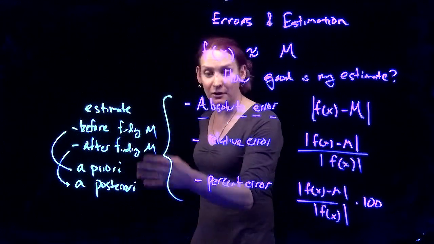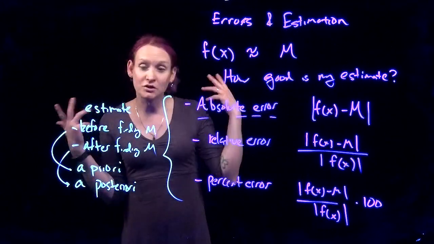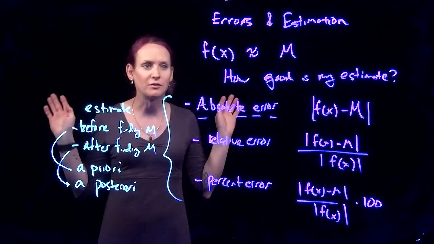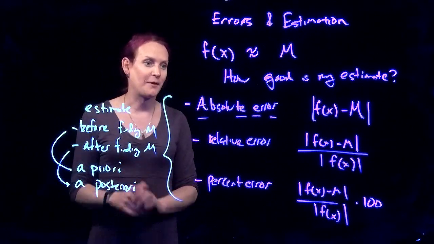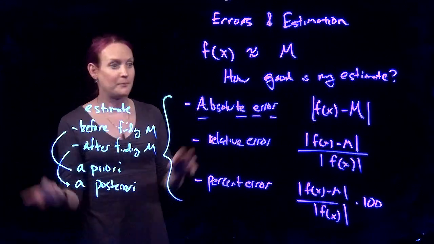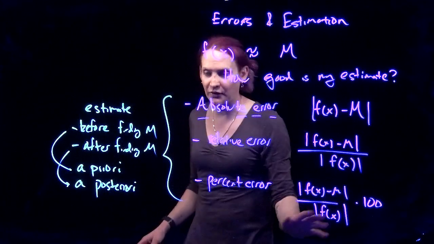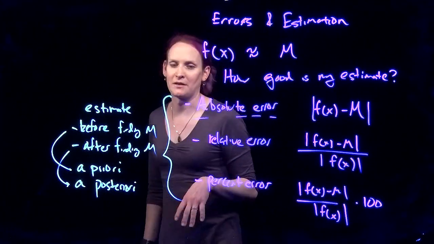Some are going to give better error estimates than others, which are going to give better results, and you're going to choose that one probably, unless it's too computationally expensive, in which case you're going to do something else. So that's what I wanted to say about errors and estimates. There are these three kinds of errors, computed with these three formulas. How we estimate those before we actually compute them is a deep subject in mathematics.